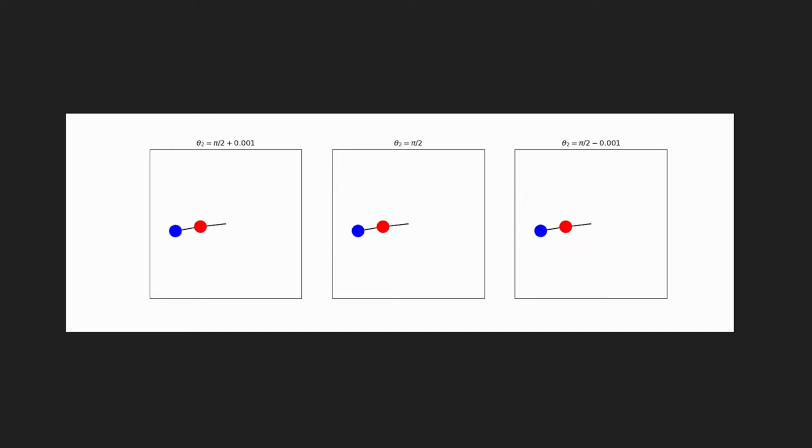I think it was Euler, if I'm not mistaken, who defined it as the exact present determines the exact future, right? Each of these is the evolution of a single point through phase space. It's exactly deterministic.